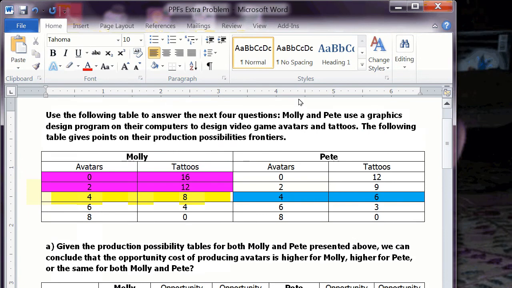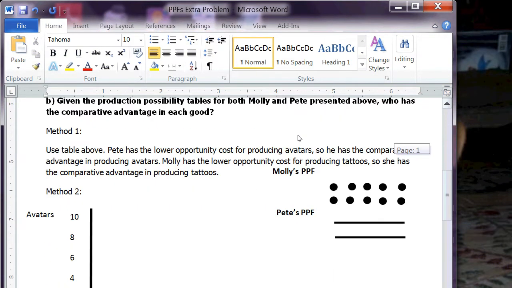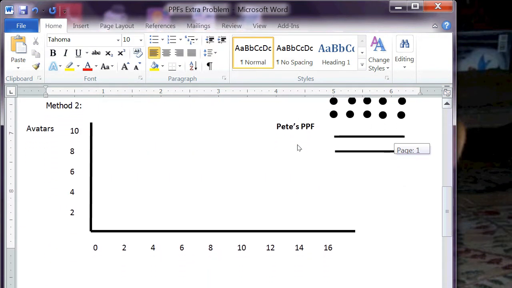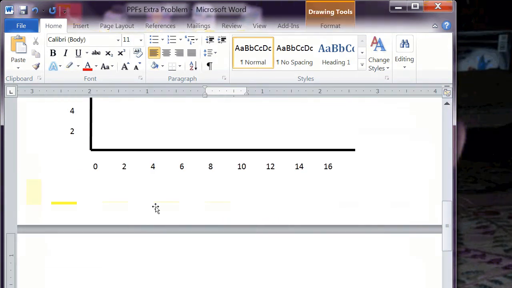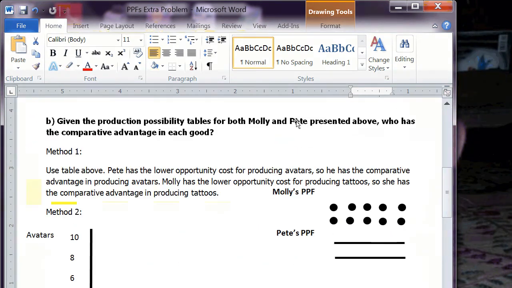So let's start with Molly. Molly, when she's producing 0 avatars, can produce 16 tattoos. Avatars are on our y-axis, our vertical axis, and tattoos are on our x-axis.